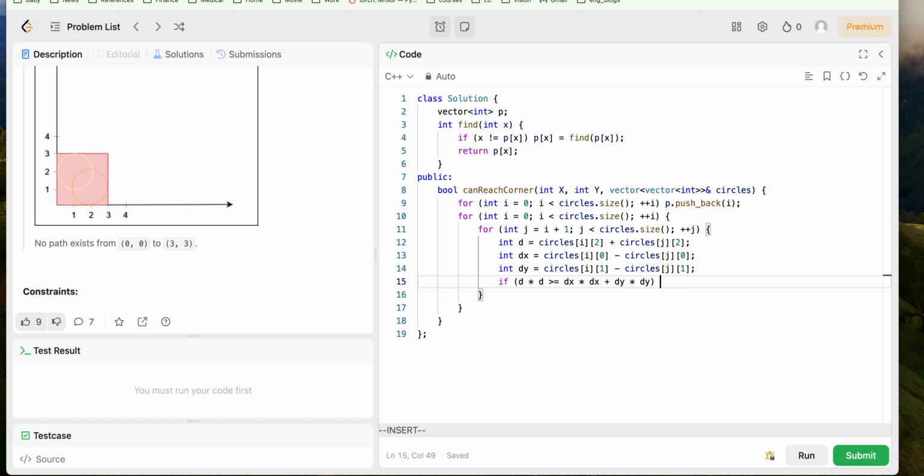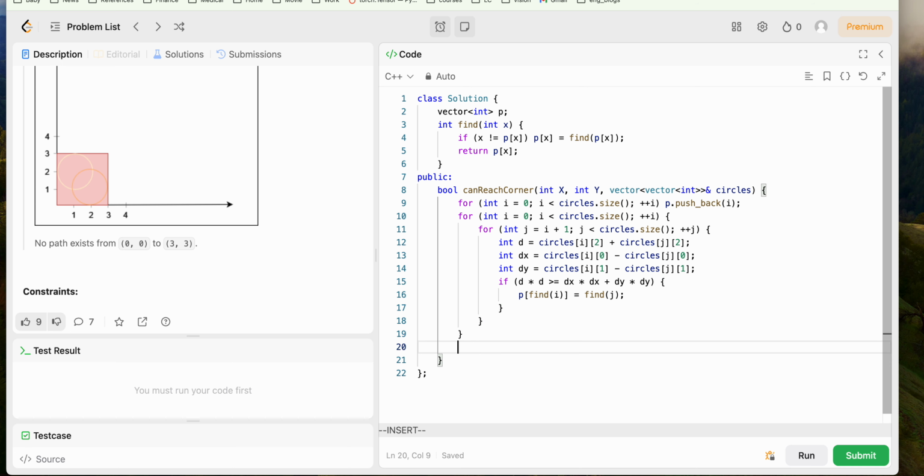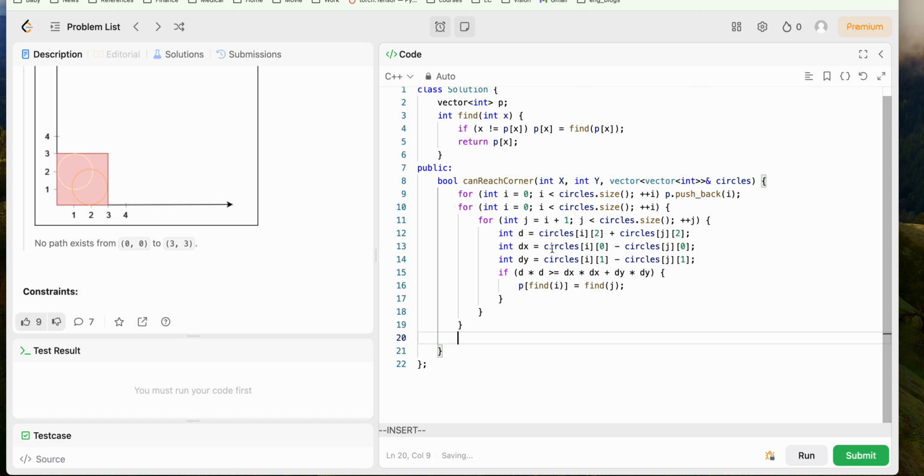Okay, then in this case we will need to merge those two groups. So that is, p find i should be equal to find j. Then we have already merged those two groups.